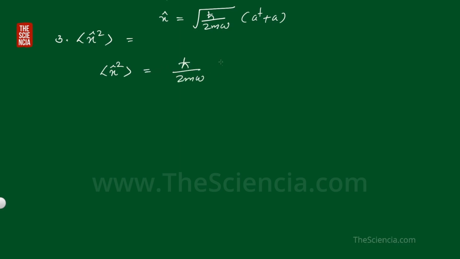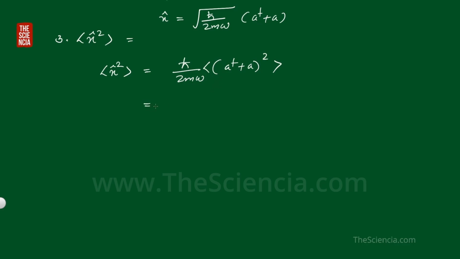Third one, expectation value of x square, that is equal to, we know x is equal to root of h cross by 2m omega a dagger plus a. Okay, so when we are taking x cap square, that is equal to h cross by 2m omega into a dagger plus a whole square expectation.